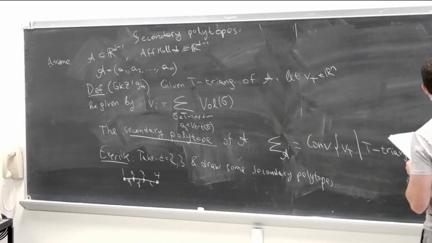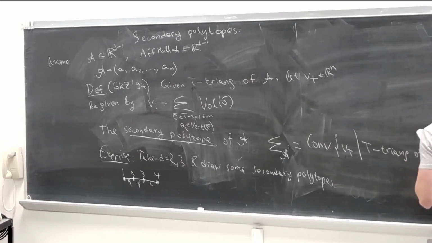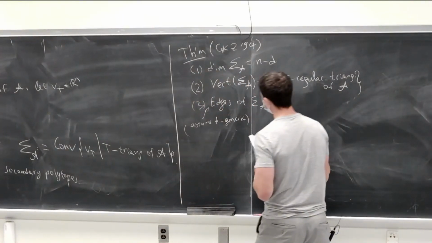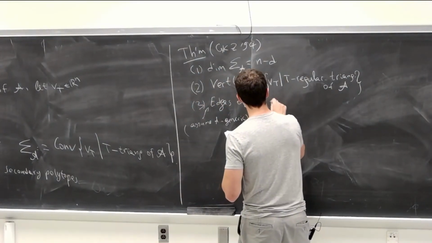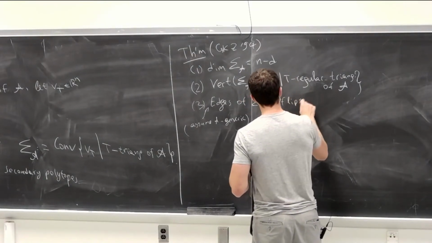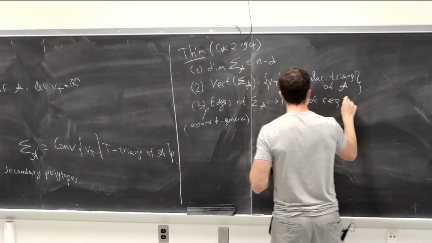And the third claim is that the edges of sigma A, well, here let me assume that A is generic, and the edges are in bijection, they correspond to flips of regular triangulations.